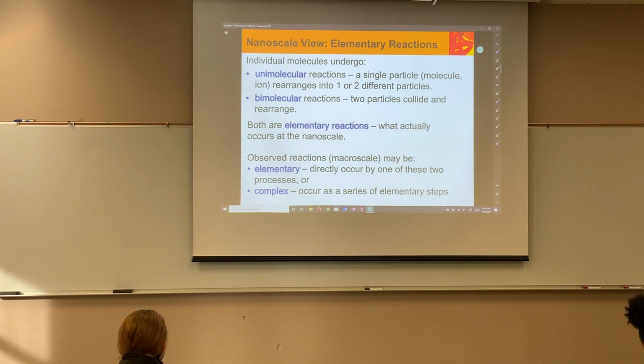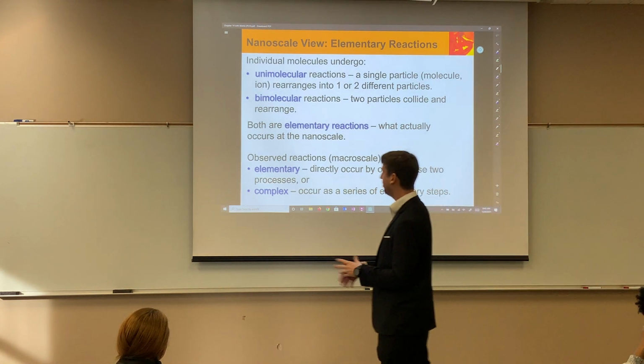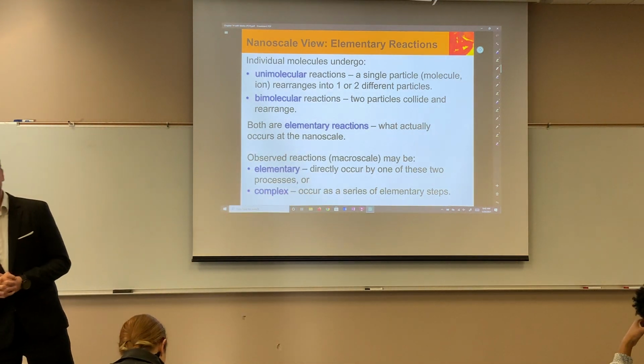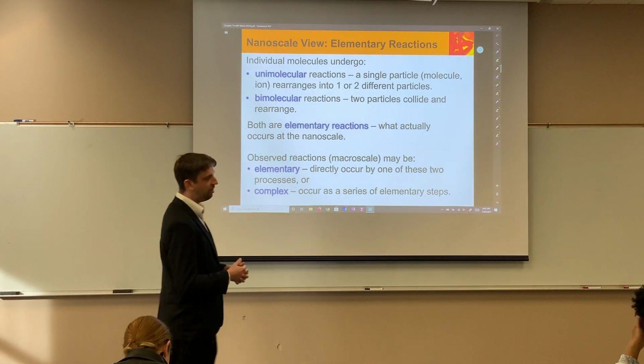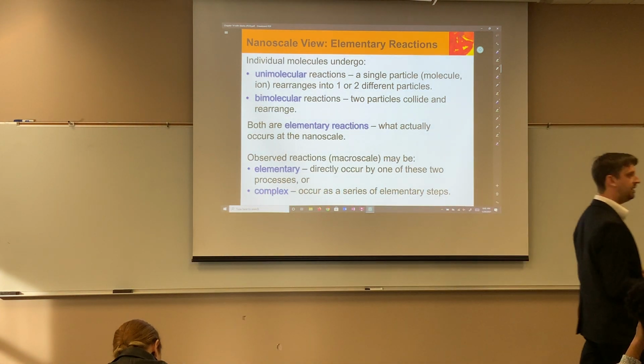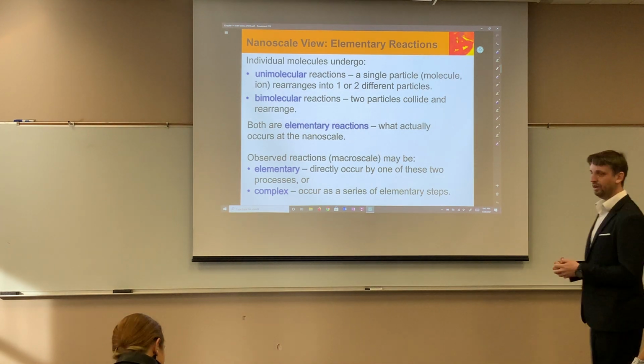When we're talking about a reaction on the individual basis, we could have unimolecular reactions, we could have bimolecular reactions. Technically, you could have termolecular reactions, so 3 things coming together, but it's pretty rare. By far, the vast majority of steps that happen in chemistry are unimolecular and bimolecular.